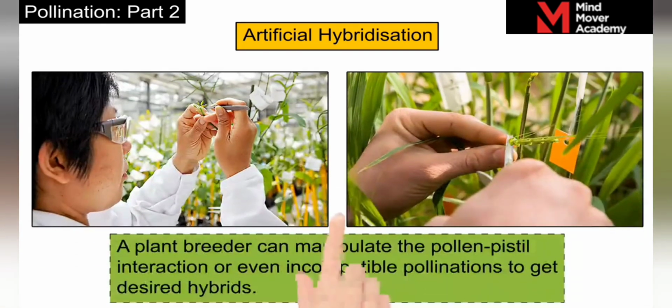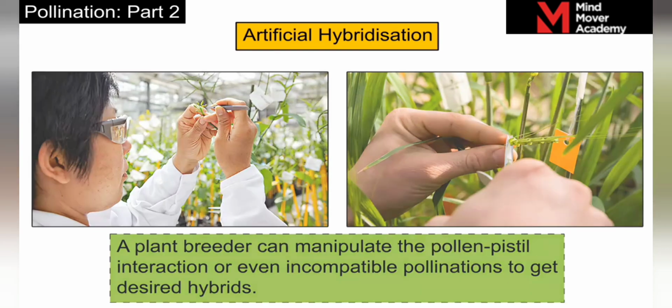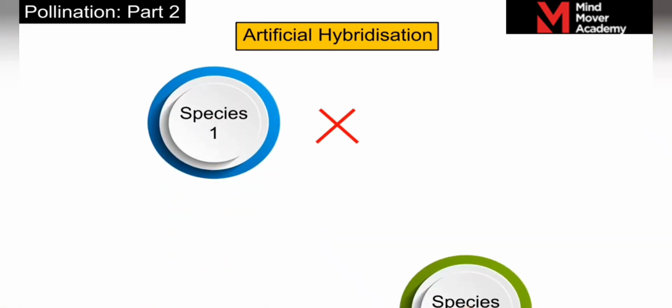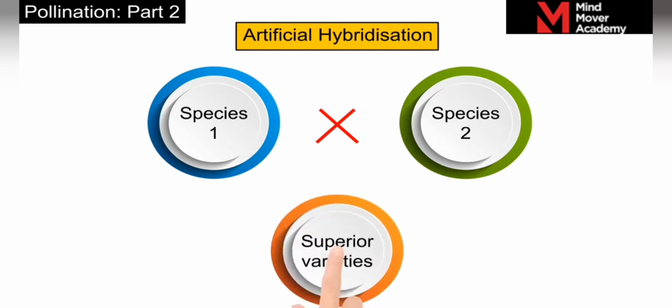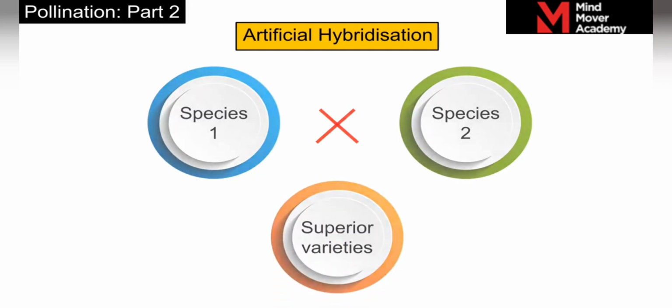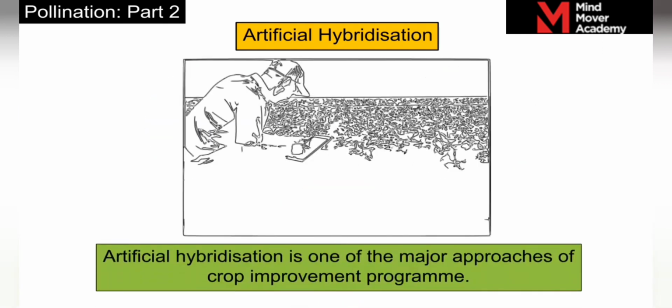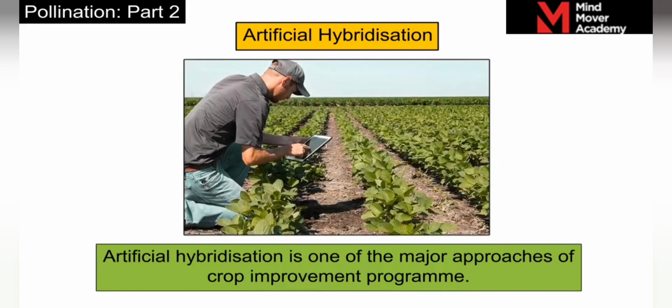Yes, a plant breeder can manipulate the pollen-pistil interaction or even incompatible pollinations to get desired hybrids. A breeder is interested in crossing different species and often genera to combine desirable characters to produce commercially superior varieties. Artificial hybridization is one of the major approaches of crop improvement programs.